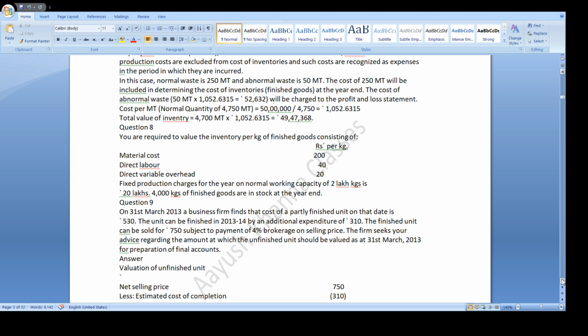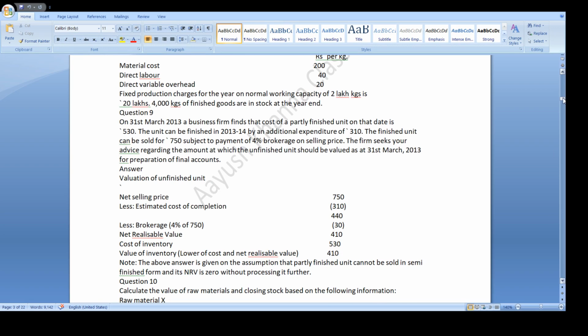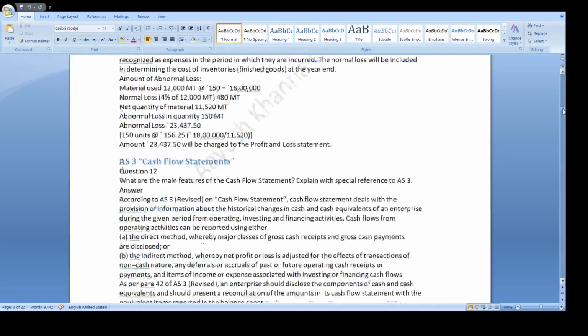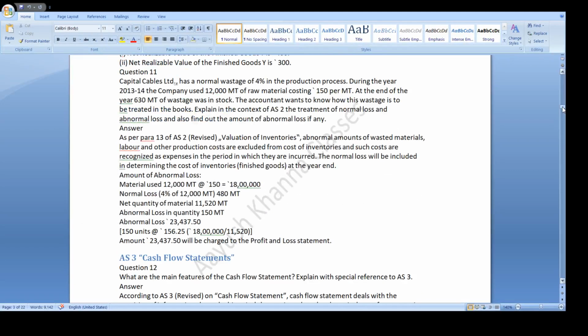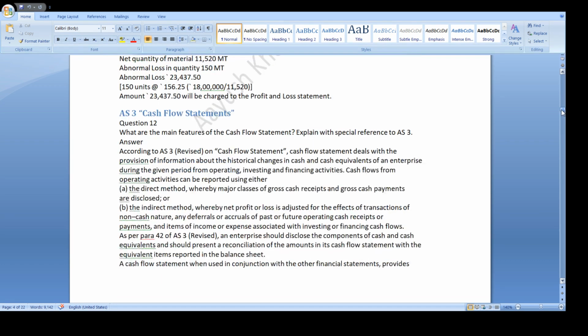This book is relevant for both the courses. It also includes some theory questions which will clear your concepts too.